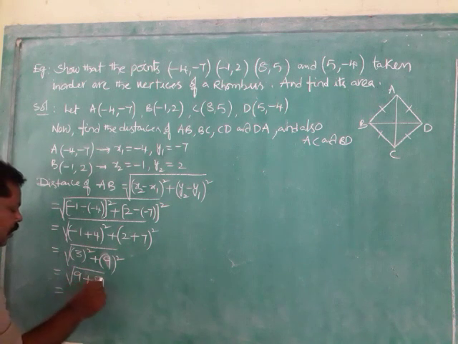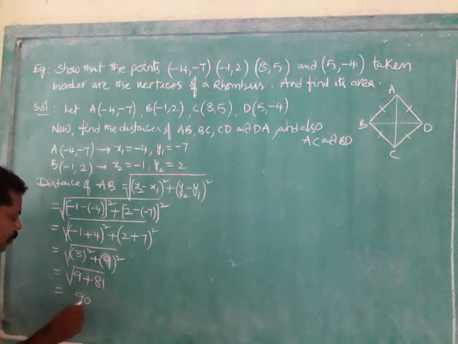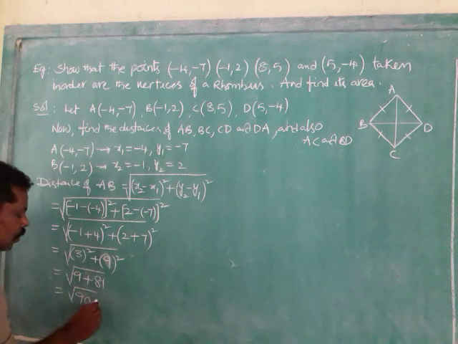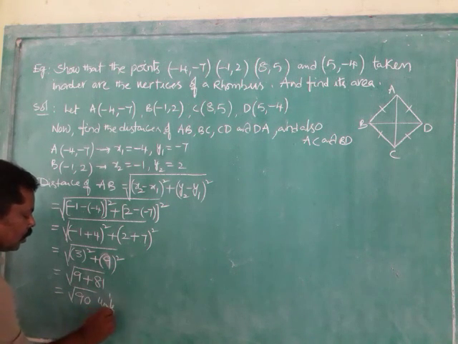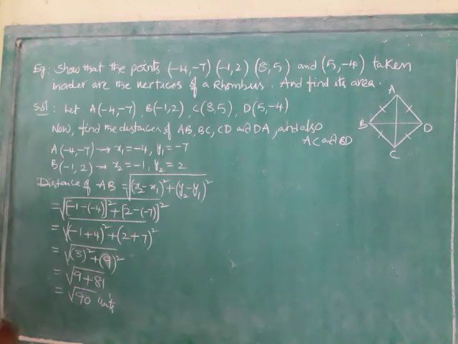Therefore 9 plus 81 is 90, under the root units. This is the distance of AB.